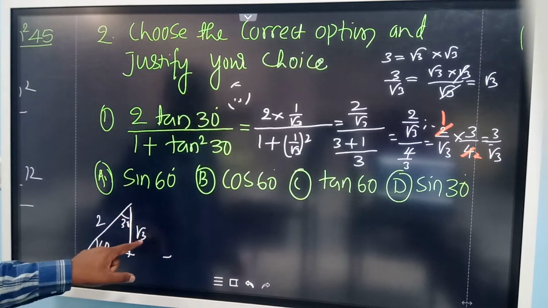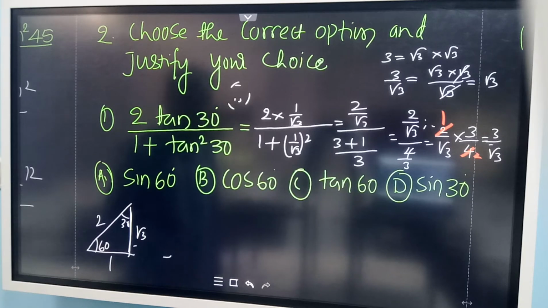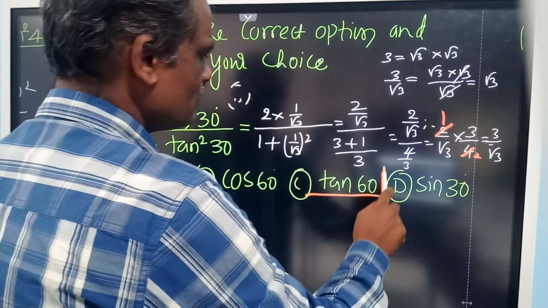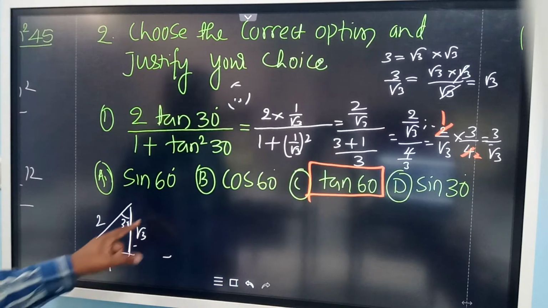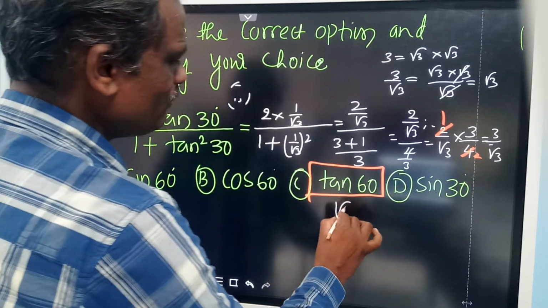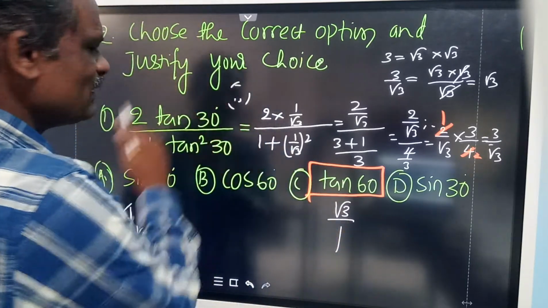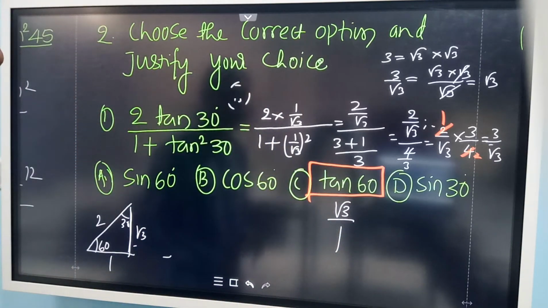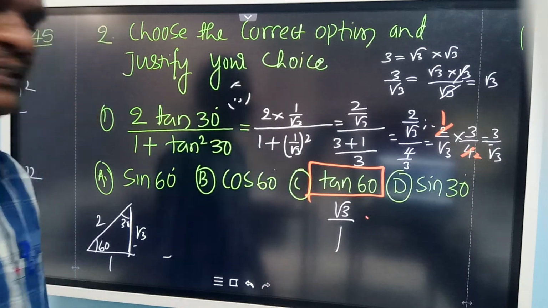Sin 60 means root 3 by 2. That is not the answer. Cos 60 means 1 by 2. That is not the answer. Tan 60 means root 3 by 1. So this is the solution. Here opposite side is root 3, adjacent side is 1. So this value is nothing but root 3 by 1. And if you simplify this also, you are getting root 3. So therefore, the correct option is tan 60.